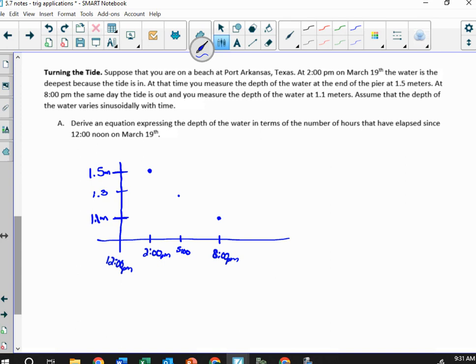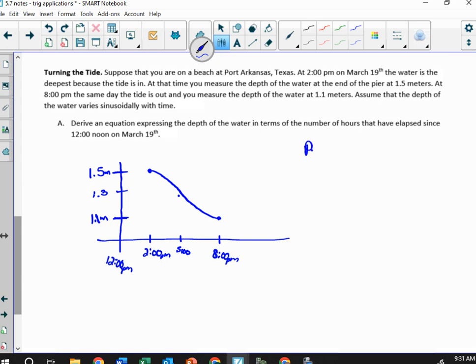All right, so what I know so far is this much of the graph. How much of the cosine graph did we see in that little 6-hour window? Half of it, right? Okay. So it took 6 hours to see half of it.